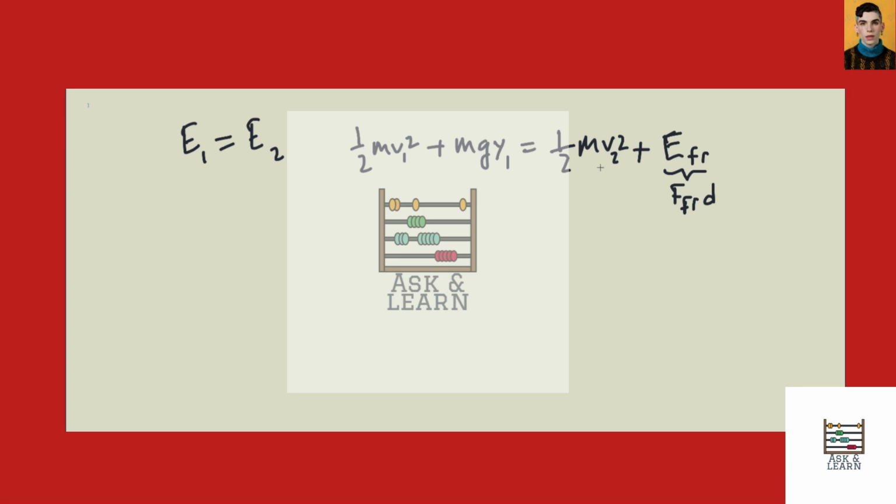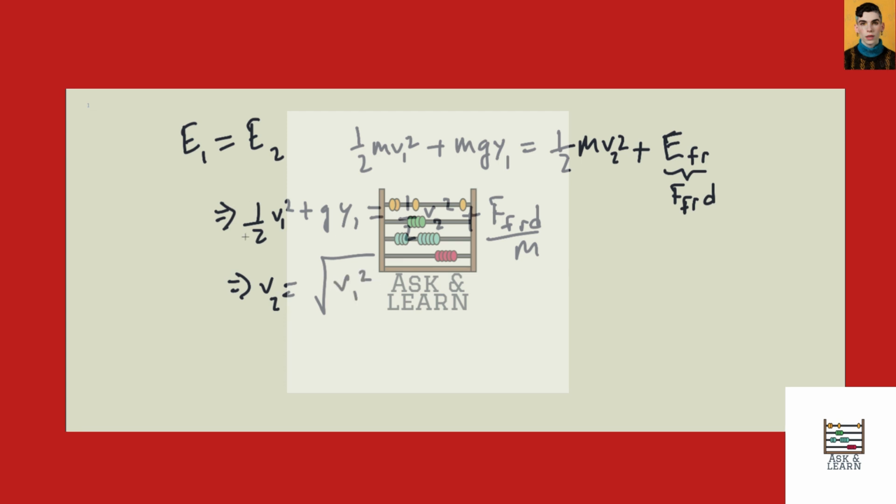Basically, you can divide both sides by m to get 1/2 v1 squared plus g y1 is equal to 1/2 v2 squared plus f, force of friction times distance over mass, right? So making v2 the subject, you have v2 equals square root of v1 squared.